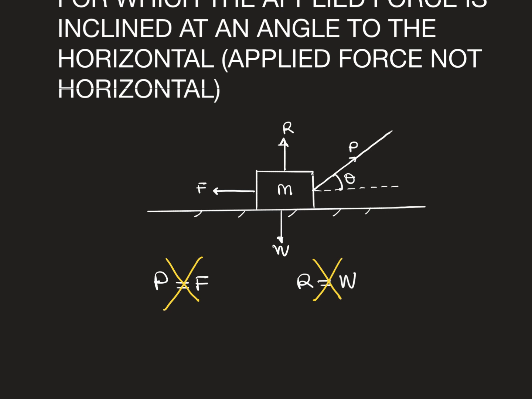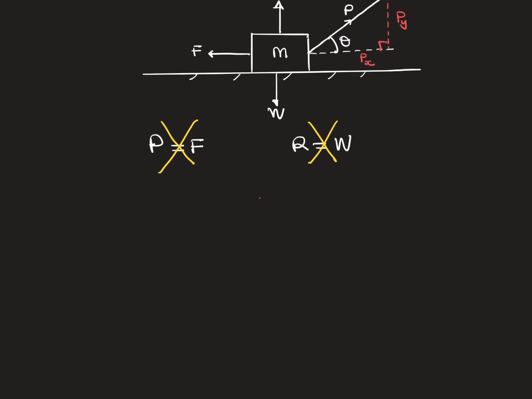Let's call the horizontal component of this force Px. And if we establish a triangle here, we will have the vertical component of this force P as Py. So we have a triangular shape here and we can use it to do resolution.